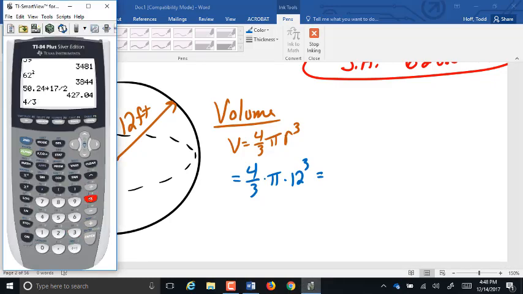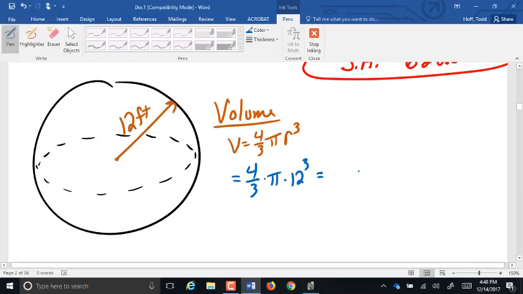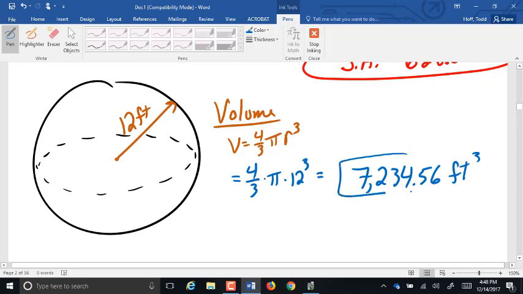This function is 4 divided by 3 times, we'll use 3.14 for pi, times 12 to the power of 3. 7,234.56. And that's going to be cubic feet.